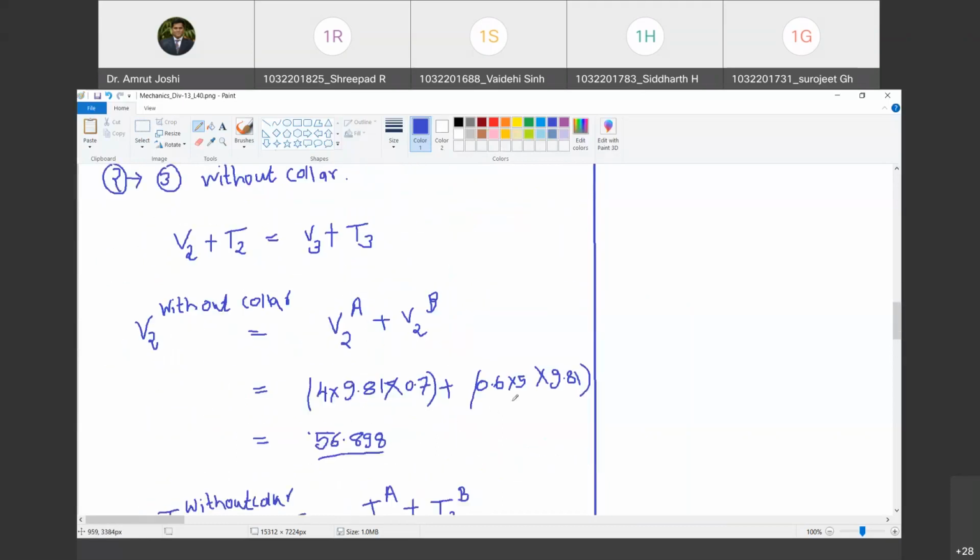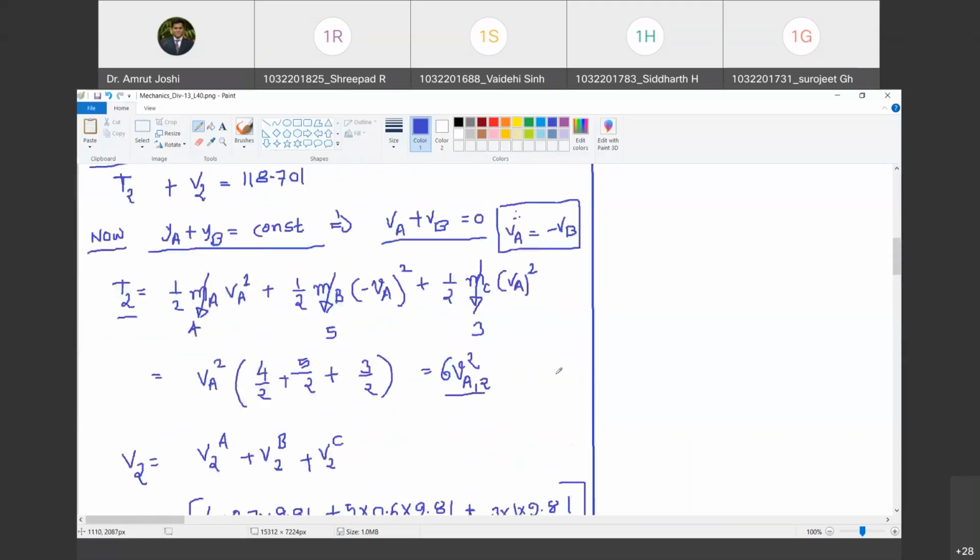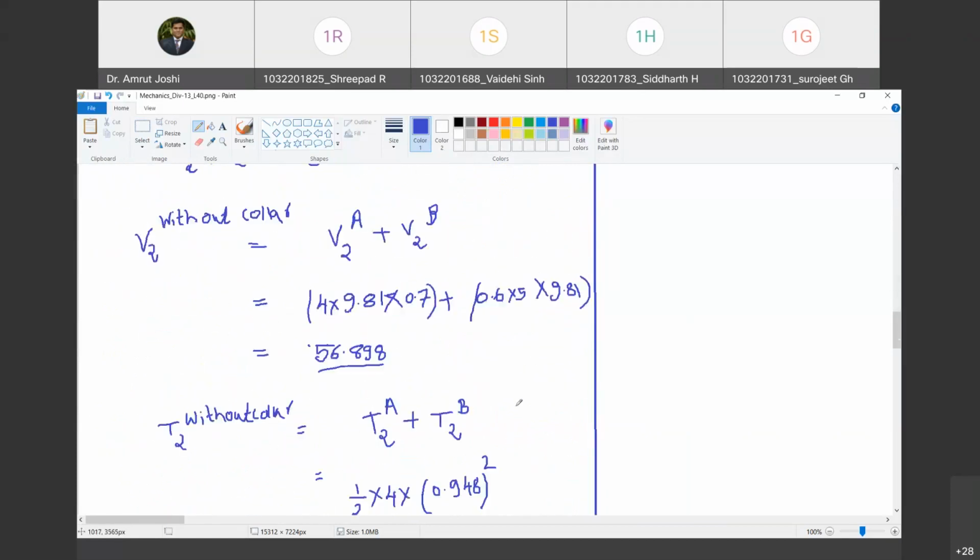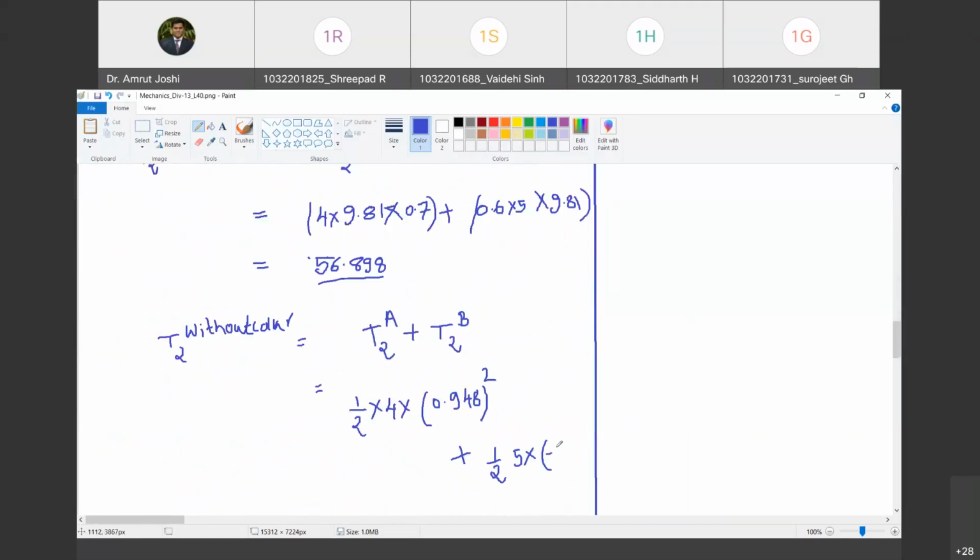Its velocity is minus VA, as we have already derived: VA is equal to minus VB, so VB is equal to minus VA. Therefore it is minus 0.948 bracket square.